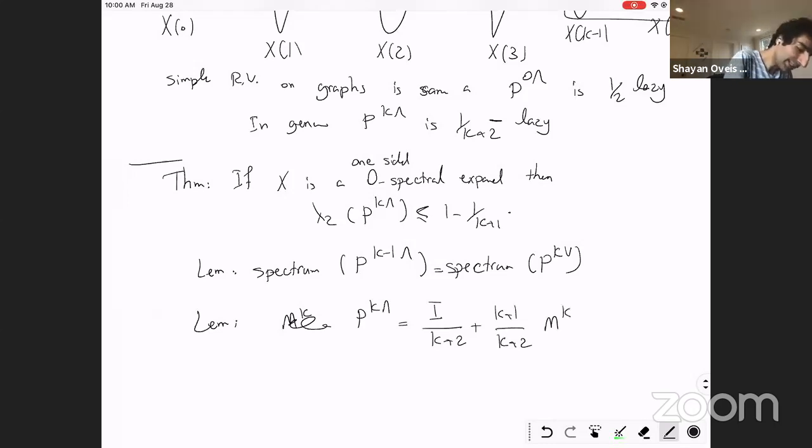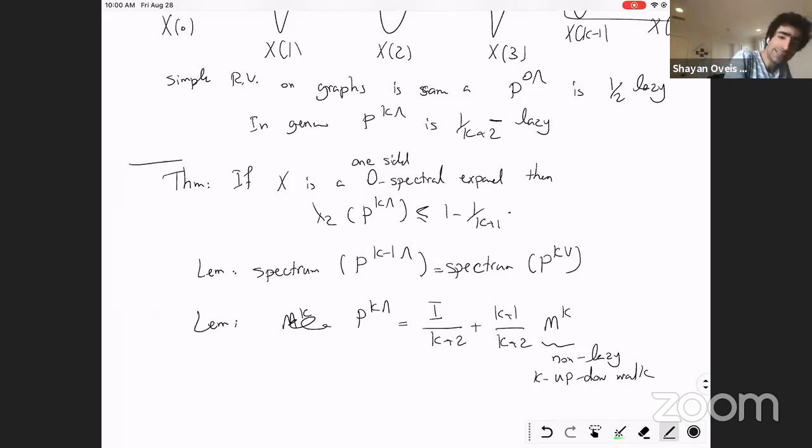What do I mean by this? As I said, the up-down walk goes back to the state that you start with with probability 1 over k plus 2. M_k is the non-lazy version of it. You don't come back.